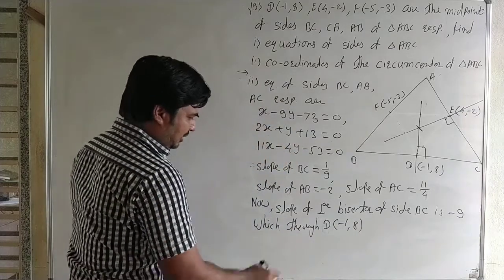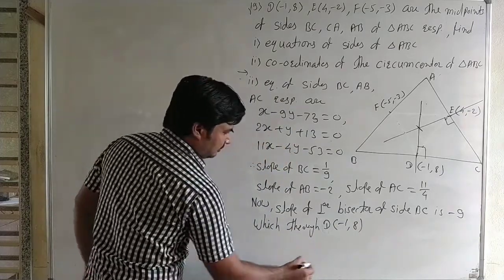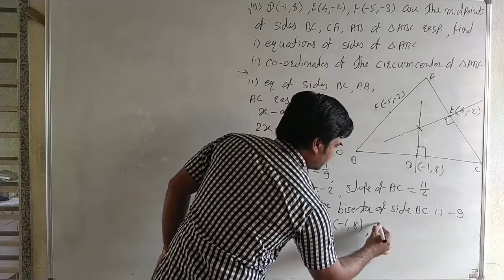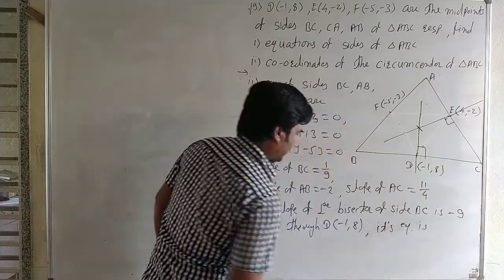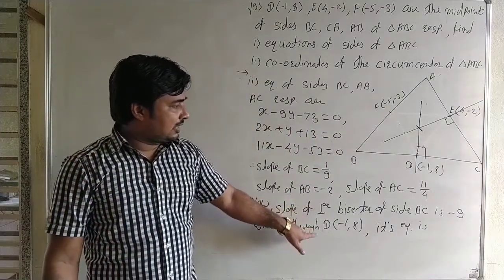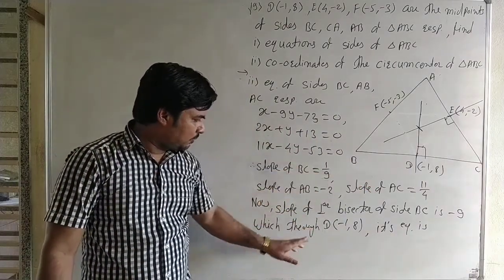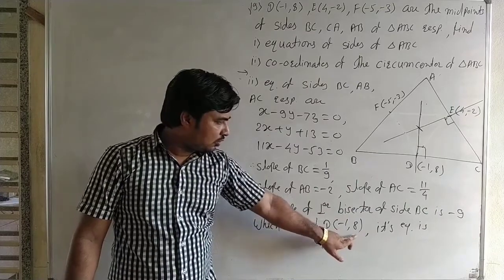Okay, here the slope of the perpendicular bisector is minus 9 and it passes through minus 1 comma 8.